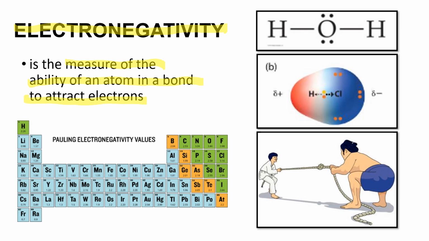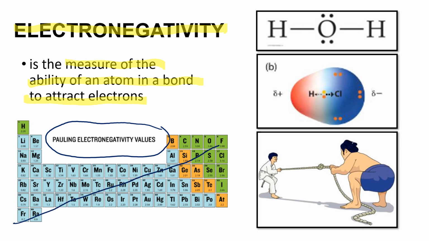And hence, we have the Pauling electronegativity values, which follow predictable periodic trends, with the higher electronegativities towards the upper right of the periodic table, with fluorine having the highest value of 4.0.